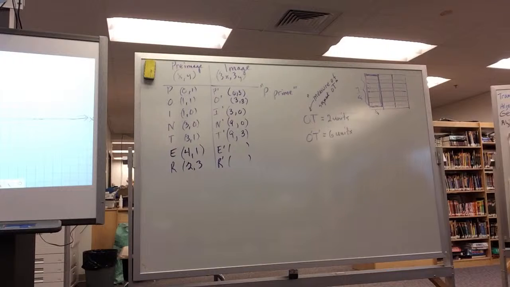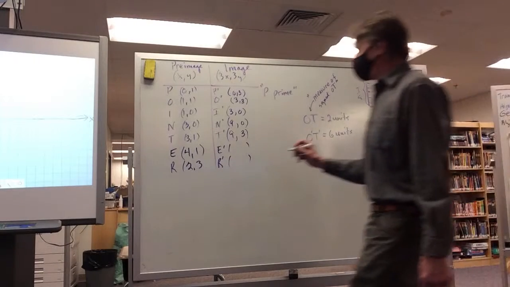So then what does the image of point E become as an ordered pair? What's it become? 12-3. And what does the image of R become? 6-9.